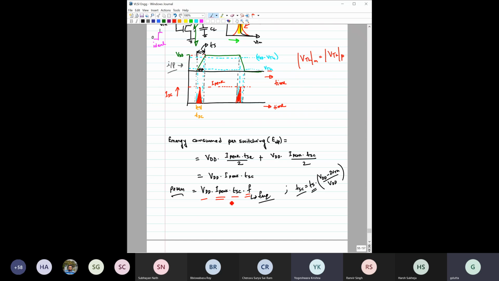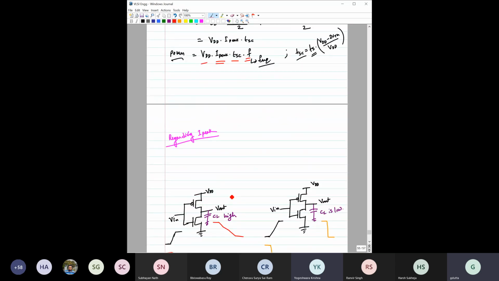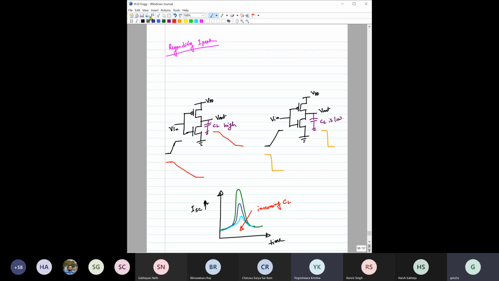Now, what are the other things that we can tell about I peak? I peak is the peak current. On what parameters can this peak current depend? First, the W by L ratio. If you increase the W by L ratio of each PMOS and NMOS, then definitely I peak will increase, because the more the width of the transistor, the more the driving capability, the more the I peak.